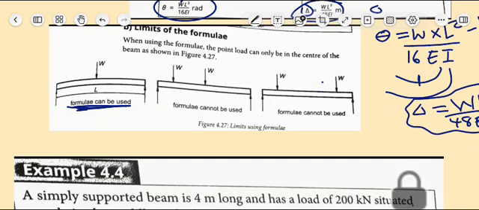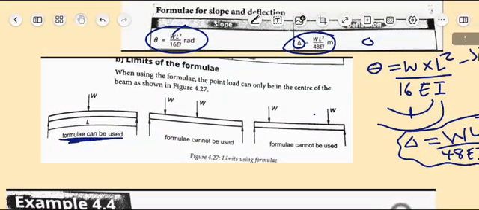These two formulas at the top can be used if the weight is acting exactly at the center. It must act at the center.